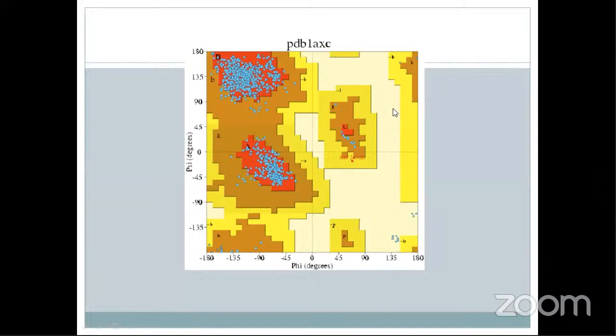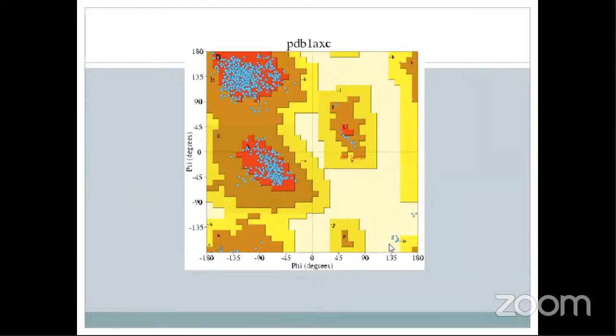If there are maximum residues in this white region and in the yellow region, the protein is not very good. The highest concentration of the residues should be in this particular region, then the protein is very good. Just by seeing the Ramachandran plot, you can understand whether a particular protein is good or bad.